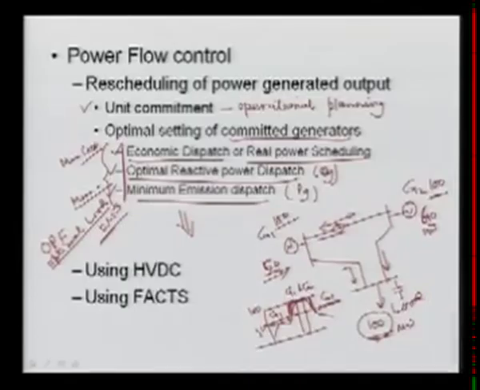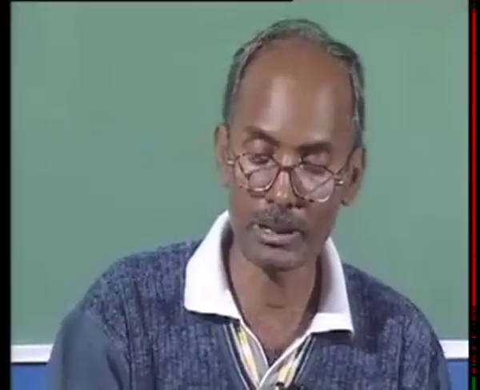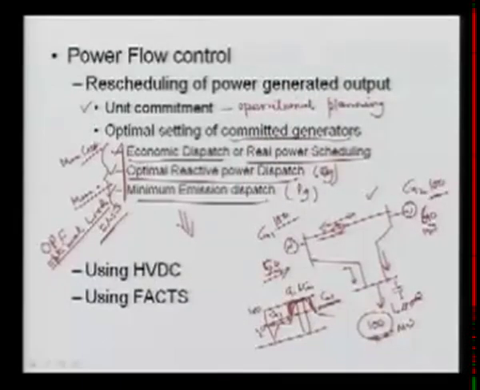Why do we want to control power? Sometimes, for this example, there is a possibility that 60 megawatt is flowing in this line, but the rating of this line is only 50 megawatt. This line is exceeding its rating. And why is it exceeding? Because it has the minimum impedance, so most of the current is flowing here.